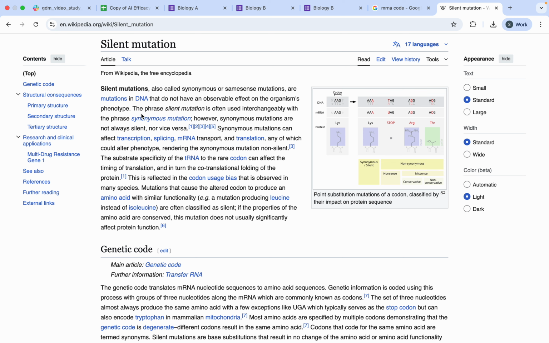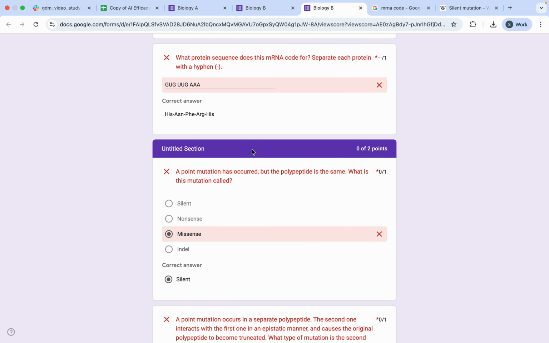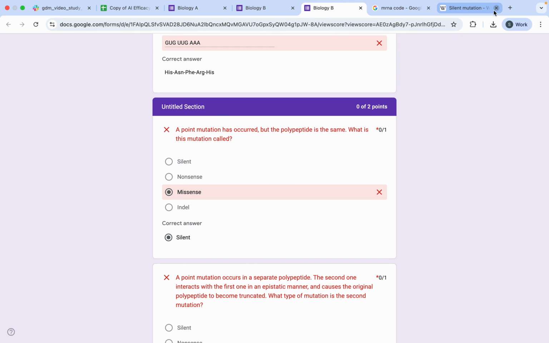That is silent mutation. So here a point mutation has occurred but the polypeptide is the same, which is silent. So silent mutation is the correct answer. So let's check what nonsense, missense and intron mean.